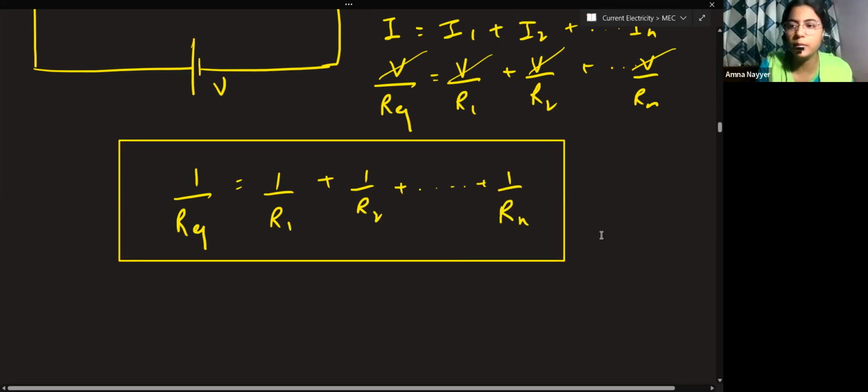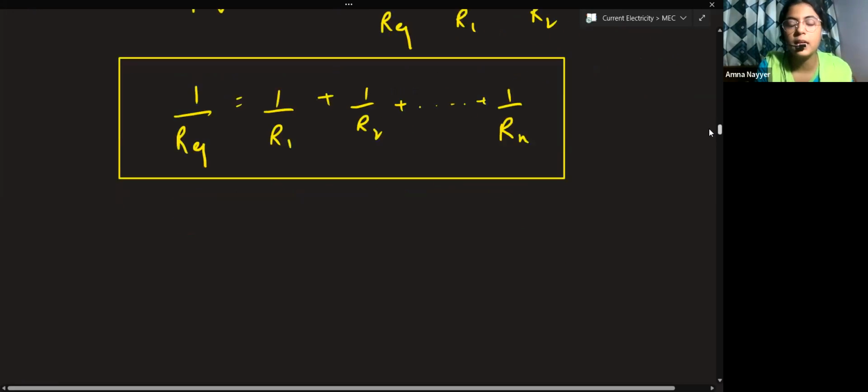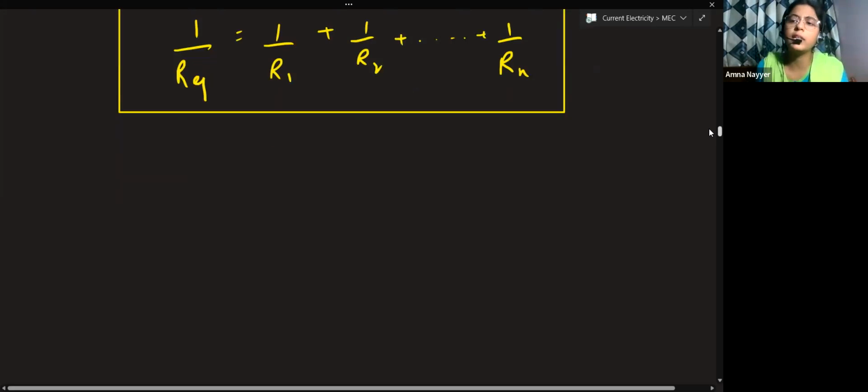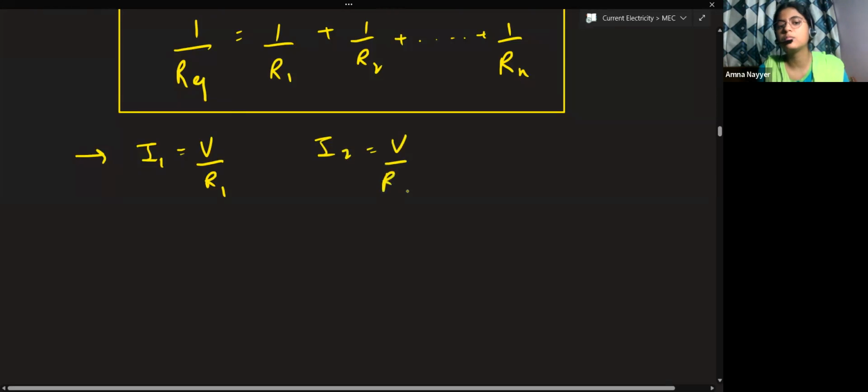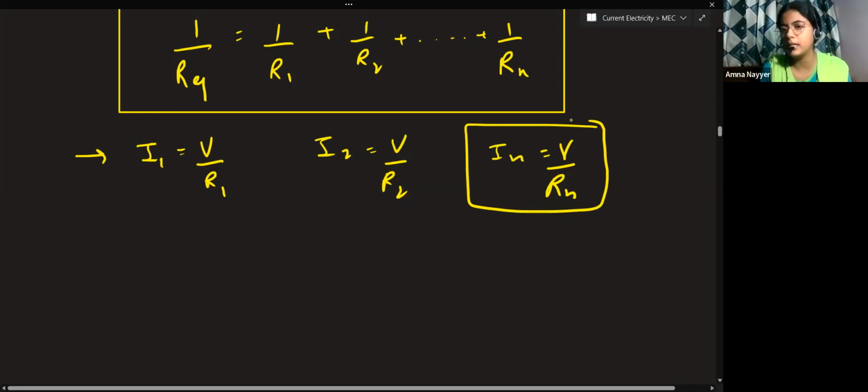This will be the equivalent resistance. Then the individual current through each resistor will be I1 equal to V by R1, I2 equal to V by R2, then In equal to V by Rn. Here potential will be the same, resistors will be different.